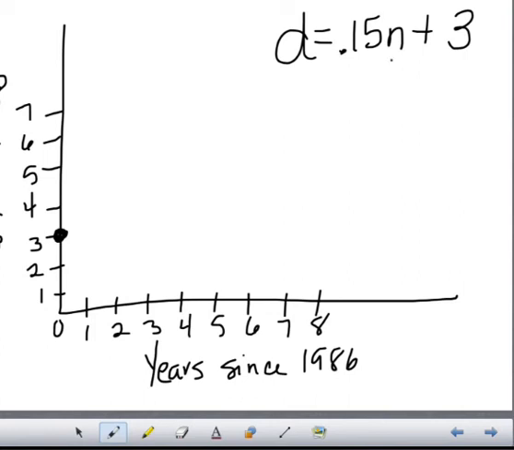That's going to be my y-intercept, 3. Okay, and then what am I doing? What's my slope? 0.15 over 1. So I'm going up just a little bit and over 1. Up a little bit and over 1. And then you can see your line's going to kind of go like that. So again, I'm just using that slope-intercept form to make a graph of the amount of money we spend on Christmas gifts.